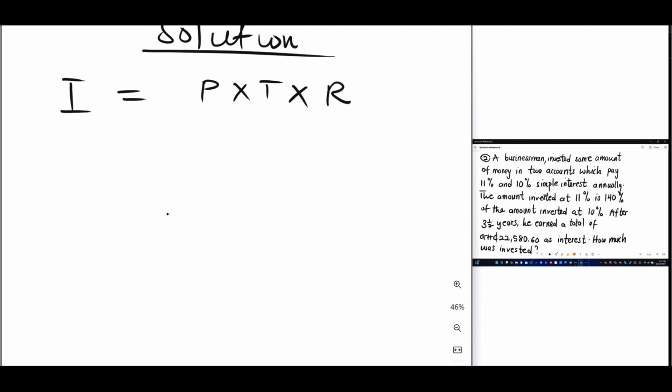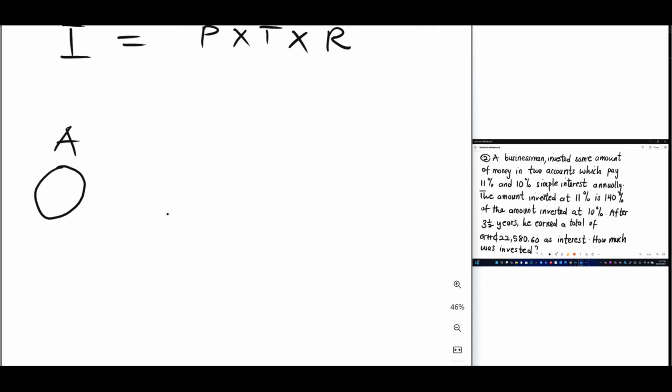Now we have two accounts over here. The first account pays 11% simple interest annually. Let us name the first account A, and we don't know the amount that has been invested, so we can name it P1, principal 1. Then the second account, we can name as account B, and we don't know the amount invested, so we name it P2.